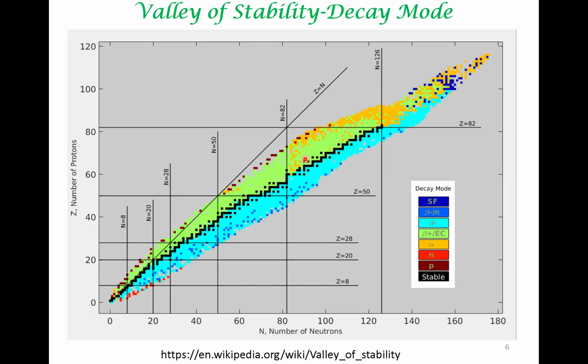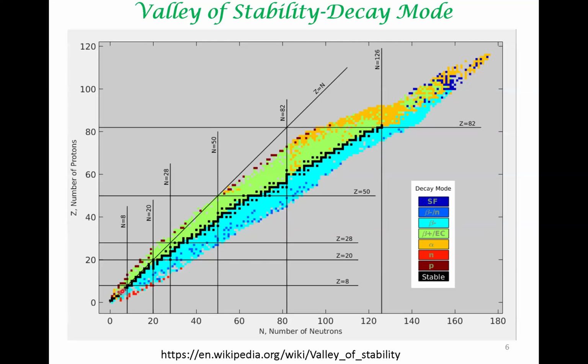All right. So this is the 45-degree line where the number of protons is equal to the number of neutrons. For the stable nuclei, when the atomic number is low, they lie along this line. That is, the number of protons is the same as the number of neutrons.